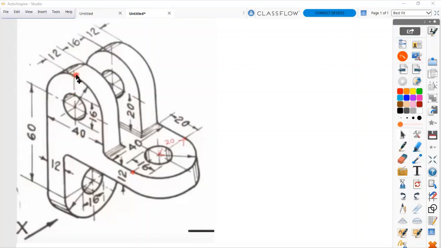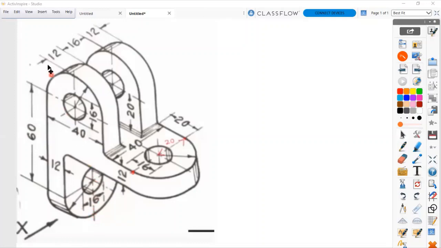That means the radius of this arc is also 20 because the arc is touching the line. And a similar thing happens at the bottom here. From the center here out, that radius is also 20. From the center here to the very outside of the arc is also 20.